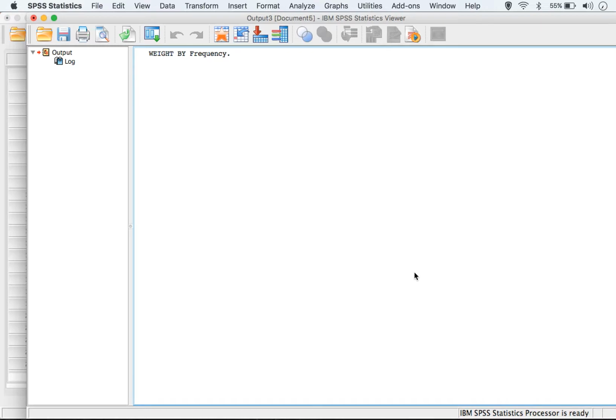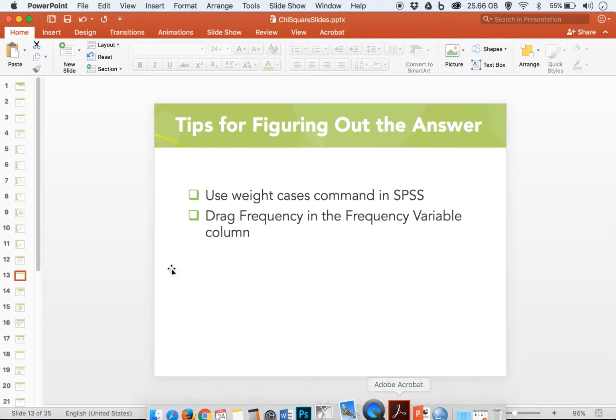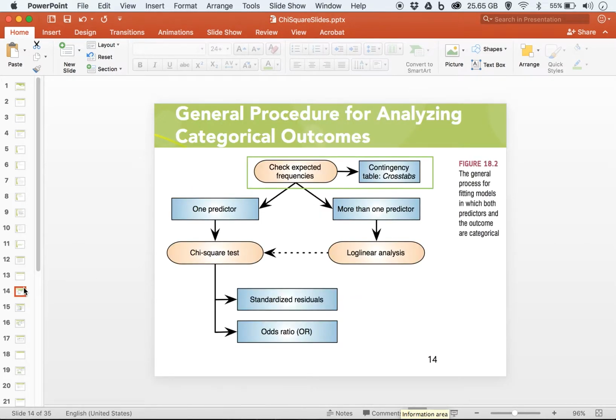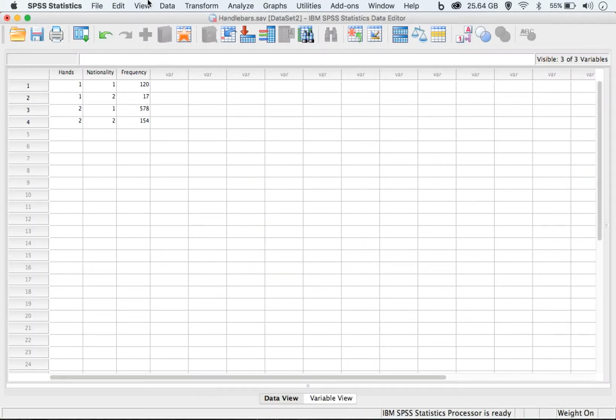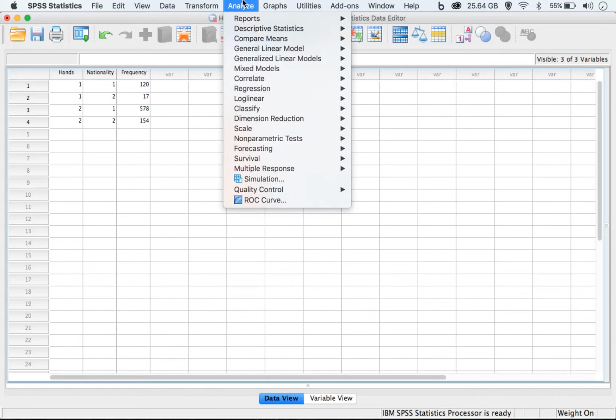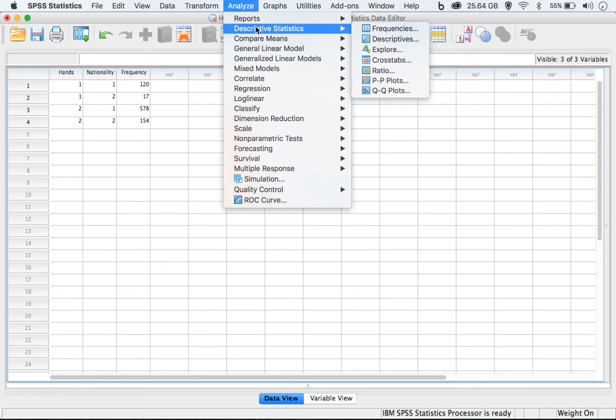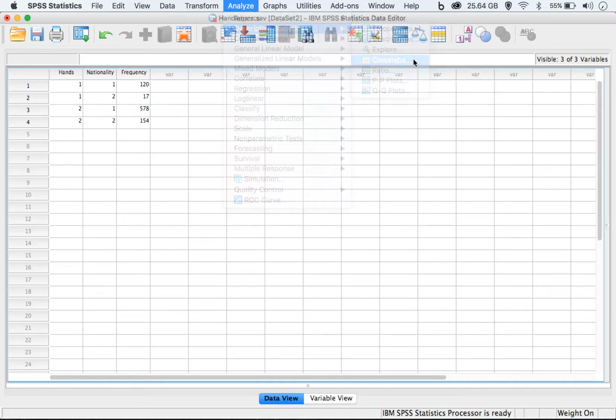Now what we're going to do is actually run the chi-square test. If you look here, the general process starts with us doing crosstabs and a contingency table. The way that we do that is going to Analyze, Descriptive Statistics, then coming down to Crosstabs.